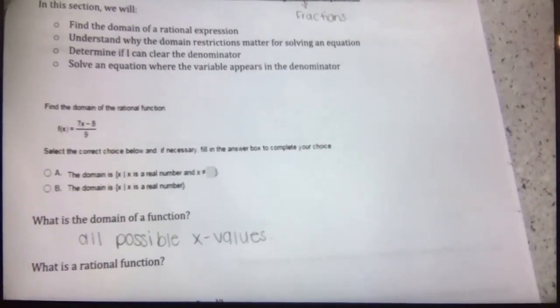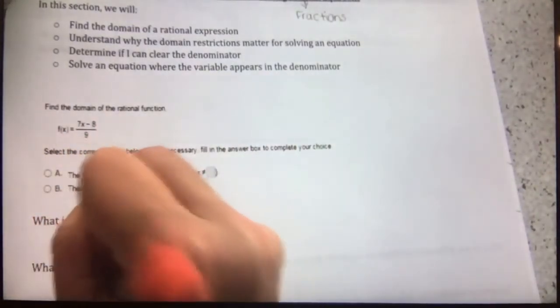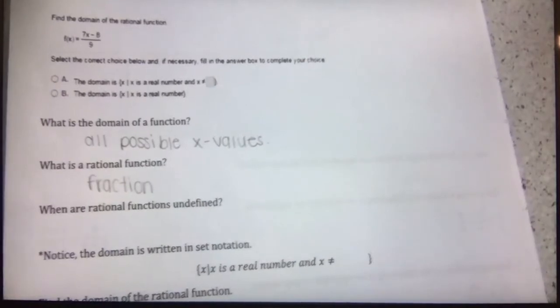Going back, again, I just told you the answer. What is a rational function? A real fraction. It's a fraction. Fancy ways of writing fractions. So when are rational functions, when are fractions undefined? When they're divided by 0.